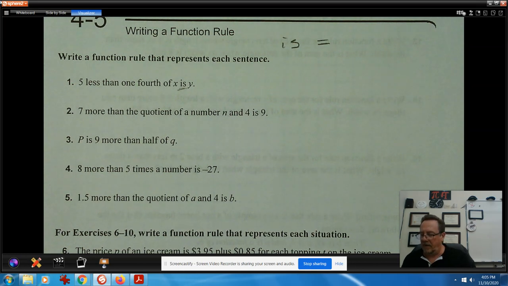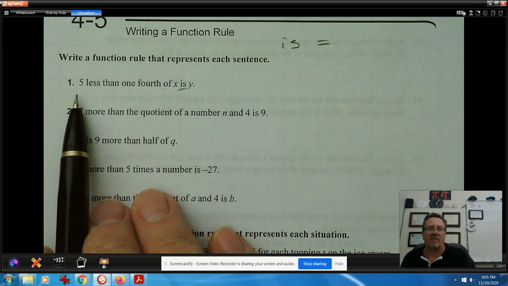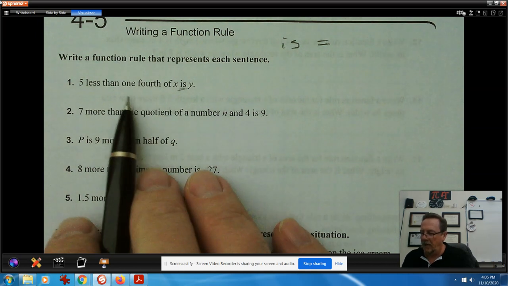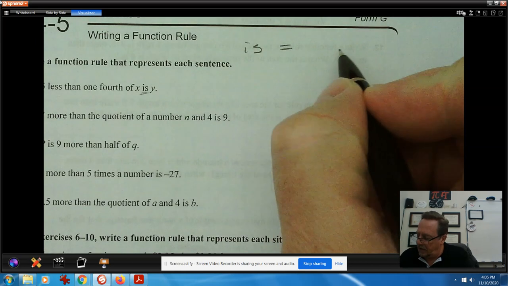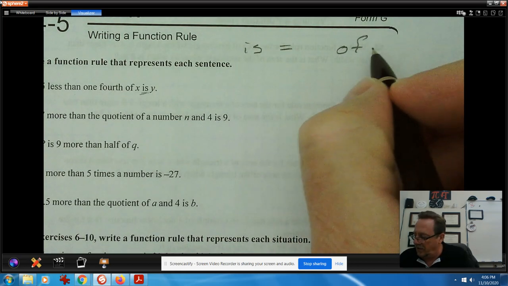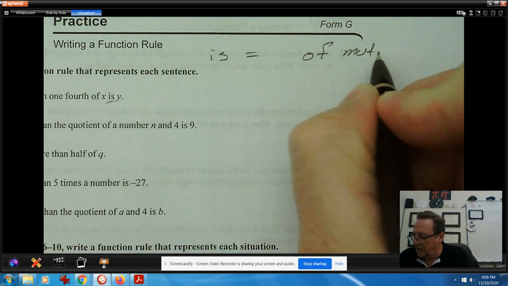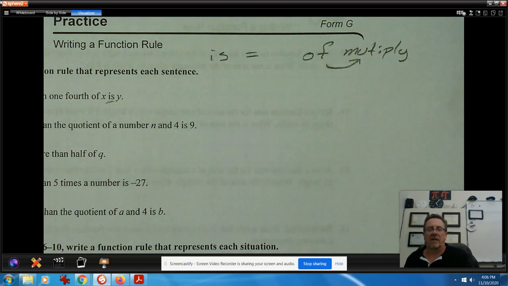So when you see a term like less than used in this case, it means we're going to be subtracting this number. How do we write then the term 1/4 of x? Well, the other thing that you should be aware of is the word of usually means multiply. So of means we're going to multiply.